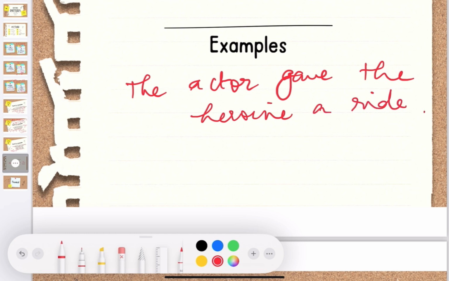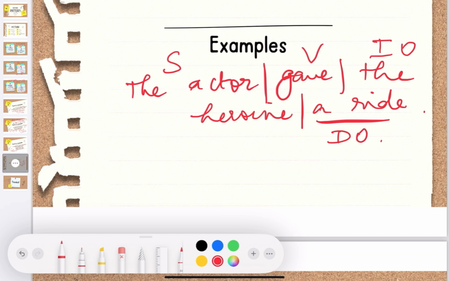So here the actor would be subject. Gave would be verb. The heroine would be object. What kind of an object? It is an indirect object. This is a direct object.